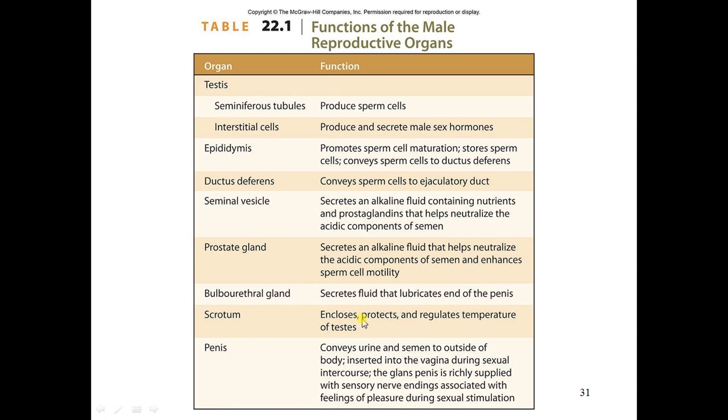The scrotum encloses, protects, and regulates the temperature of the testis. The penis conveys urine and semen outside the body and is inserted into the vagina during sexual intercourse. The glans of the penis is richly supplied with sensory nerve endings associated with the feeling of pleasure during sexual stimulation.